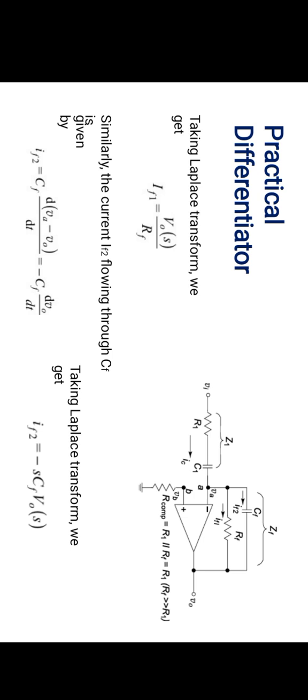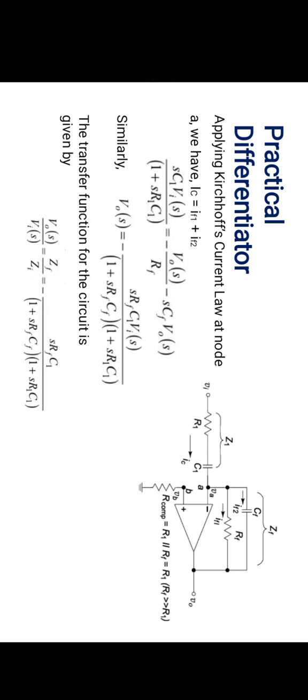Similarly, the current IF2 flowing through CF is given by IF2 equal to CF d of (VA minus V0) by dt equal to minus CF into dV0 by dt. Taking Laplace transform, we get IF2 equal to minus S into CF into V0 of S.